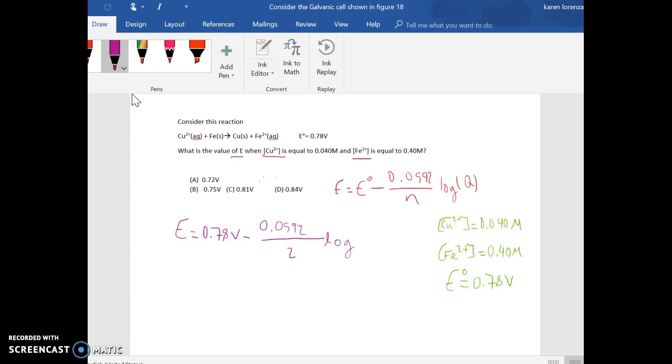With the concentrations they've given us, it's going to be the concentration of our products over the concentration of our reactants.